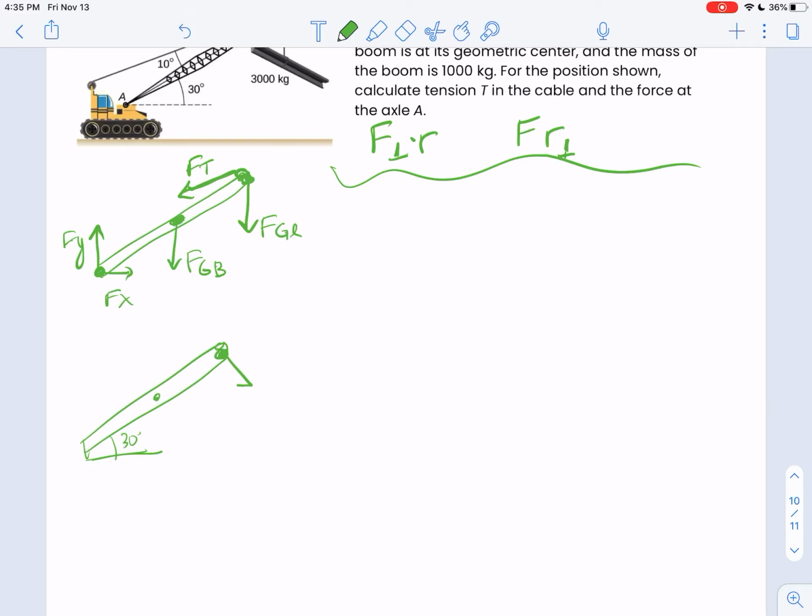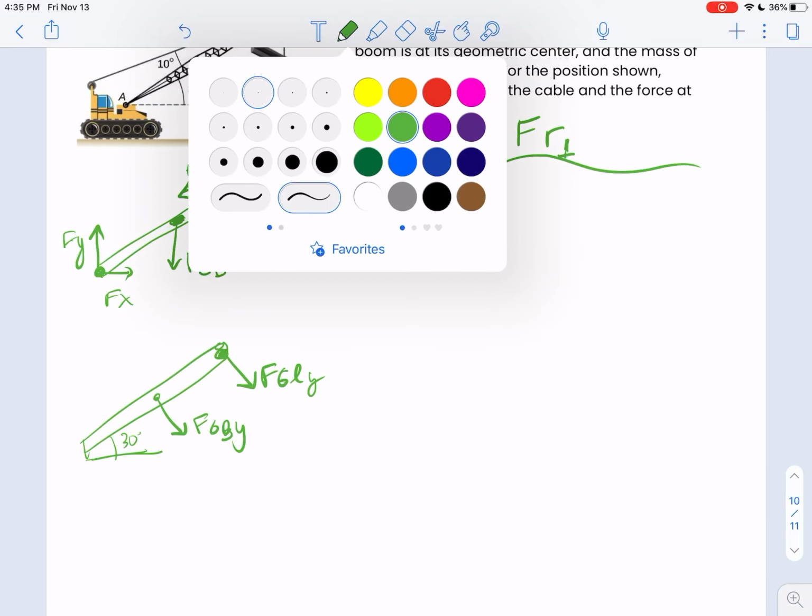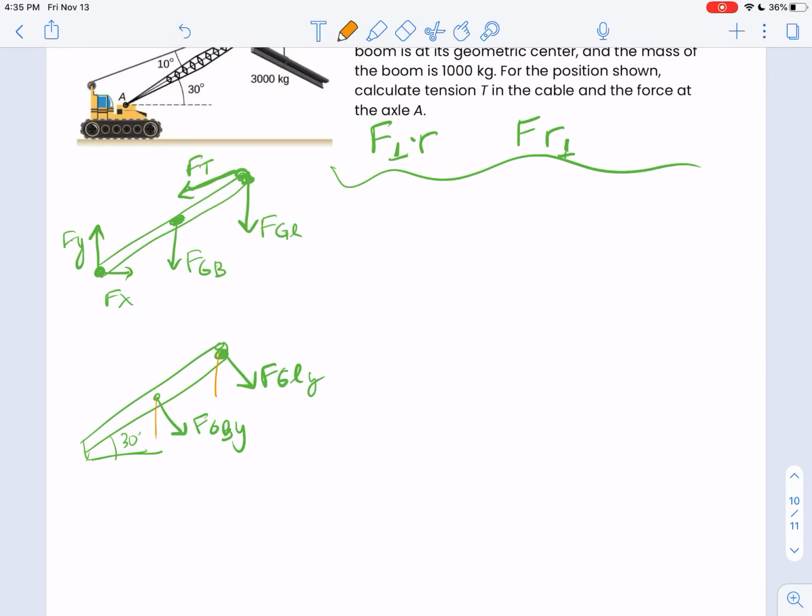So we're going to have this FG load Y, perpendicular, and FG boom Y. All right, and then if we think about that angle there, that was the original one. Okay, so if that's 30, and I'm thinking of this like a triangle, that would be 60, so that is going to be 30, I think, right? That should be the same angle.